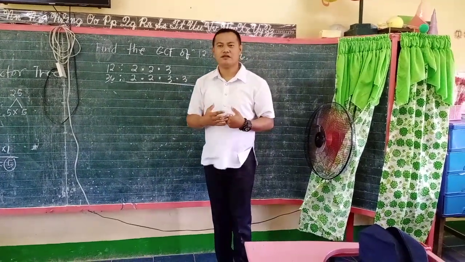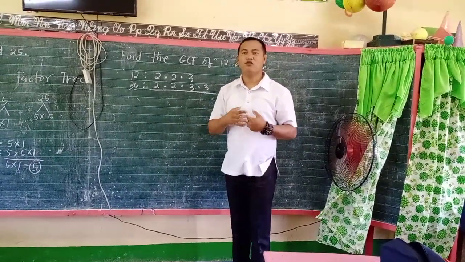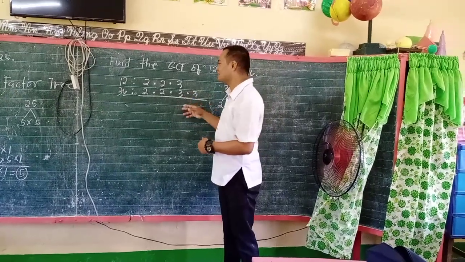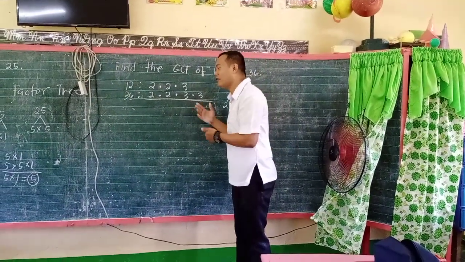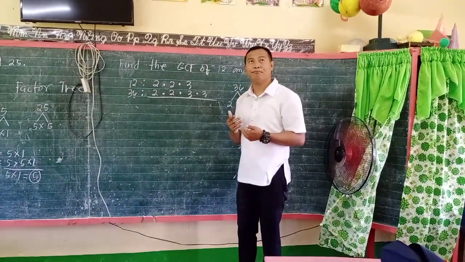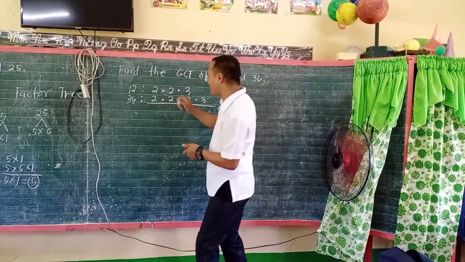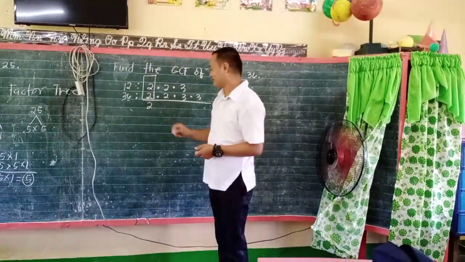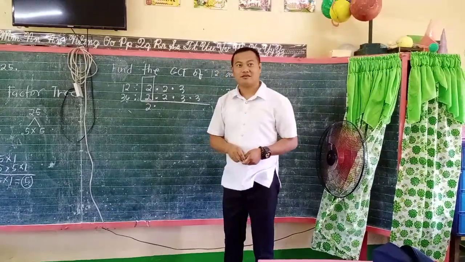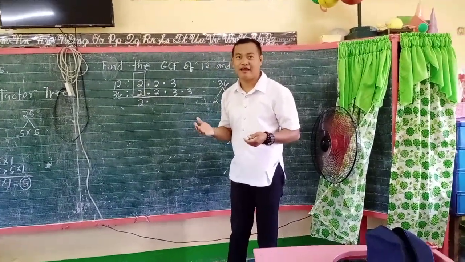Now, our rule is we multiply those factors that both numbers have in common, 12 and 36. What are the common numbers? Exactly, we have 2 times. Do we have more? You're right.